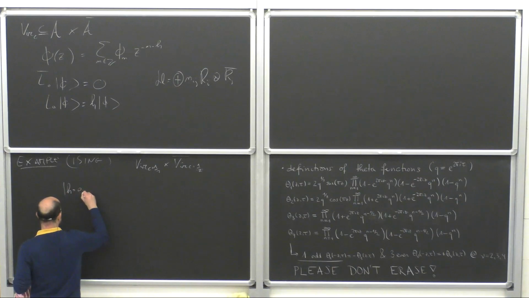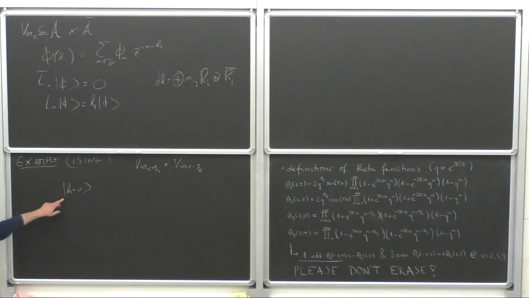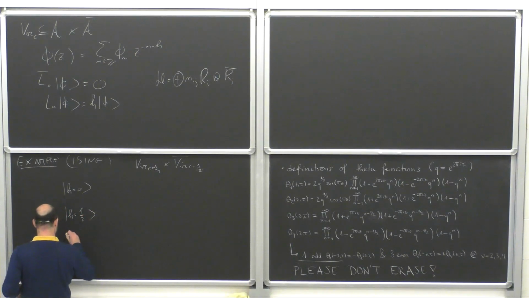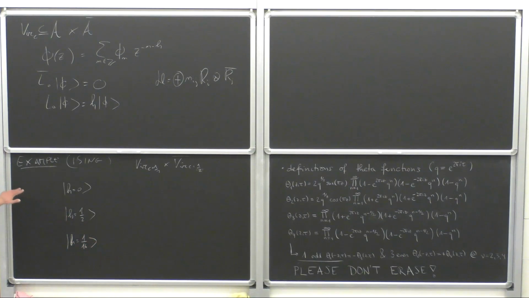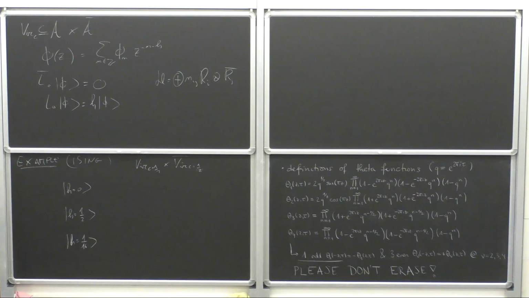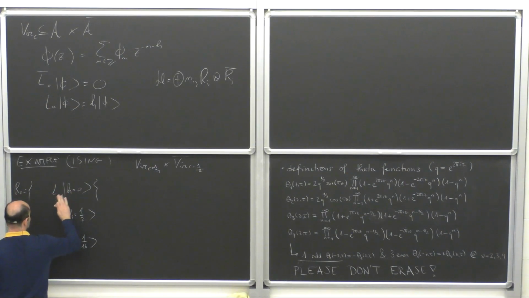One has a ground state with conformal weight 0, a second one with conformal weight 1/2, and the third one with conformal weight 1/16. These are the ground states that are killed by all the positive modes. Then we build the representations R0, R1/2, and R1/16 by acting with the negative modes of the Virasoro generators on the ground state in all possible ways.